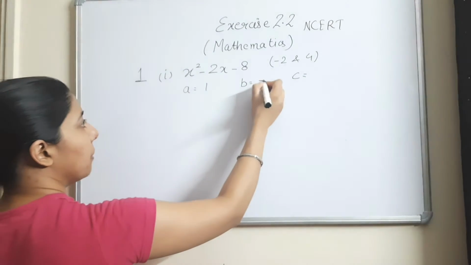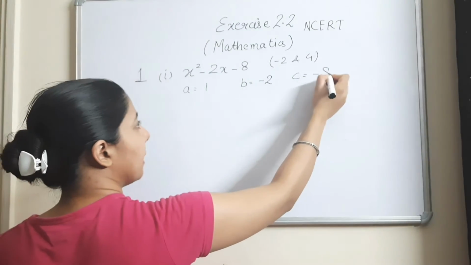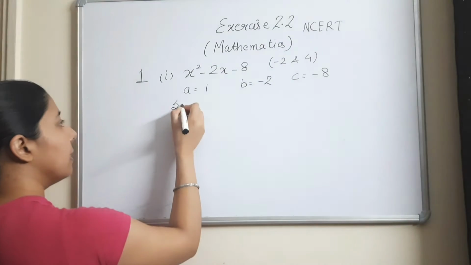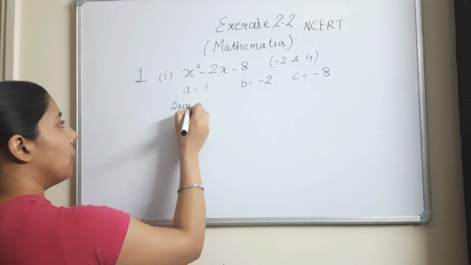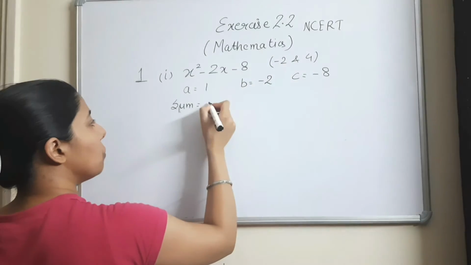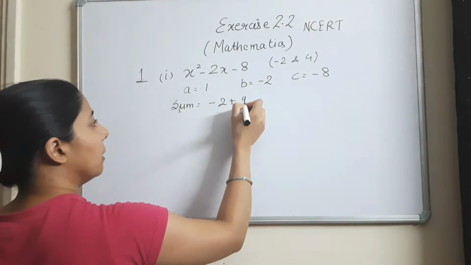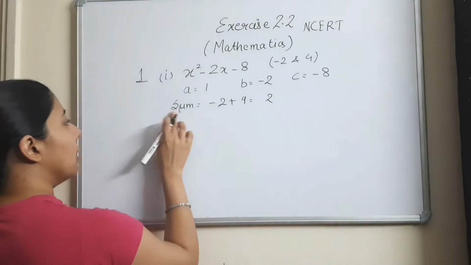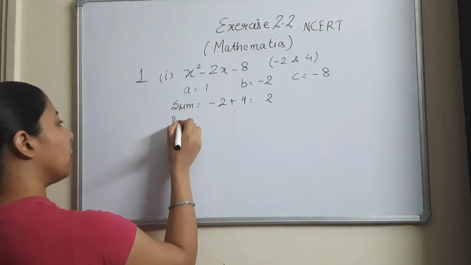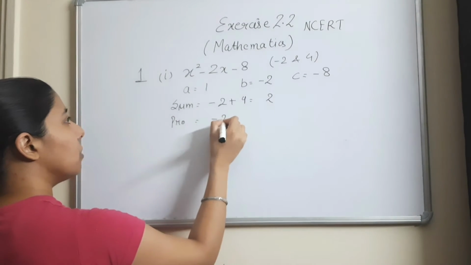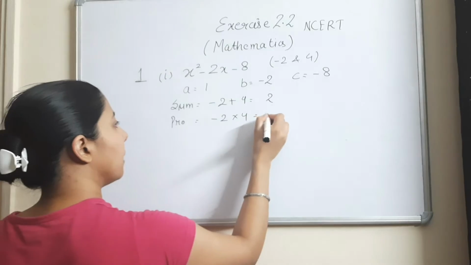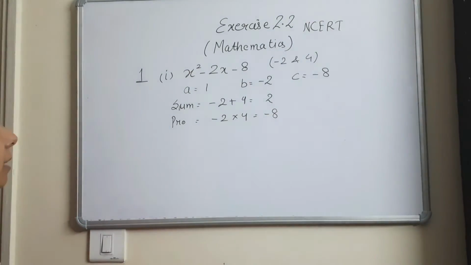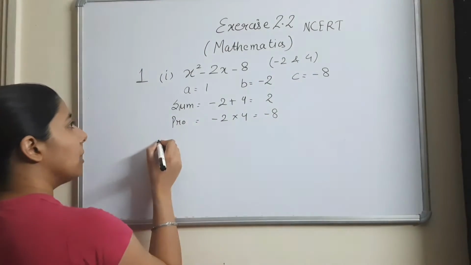So write 1, minus 2 and minus 8. Now next we will write sum of zeros. What will be the sum of zeros? Minus 2 plus 4 will be what? Yes, it is 2. And next write down the product of zeros, which is minus 2 multiplied by 4, which is minus 8.